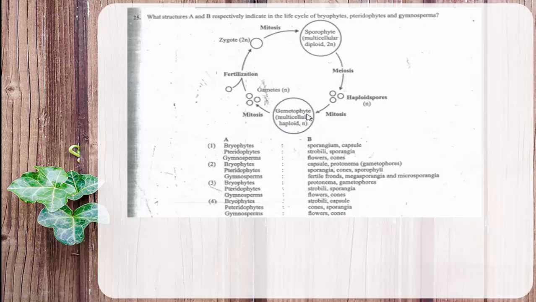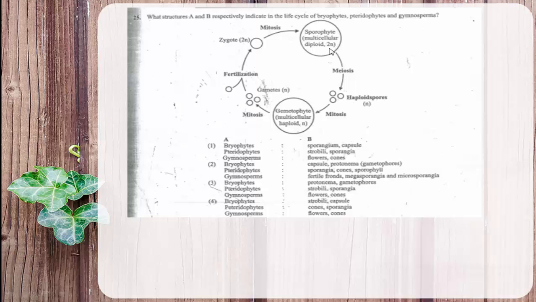So gametophyte, whether it is bryophyte, pteridophyte or gymnosperms, in all the cases it is haploid and multicellular in nature. And from this gametophyte, the gametes are produced, and these gametes are also haploid in nature. They undergo fertilization, gives rise to the formation of zygote, and zygote is diploid structure, and this diploid structure undergoes mitosis to produce the sporophyte.